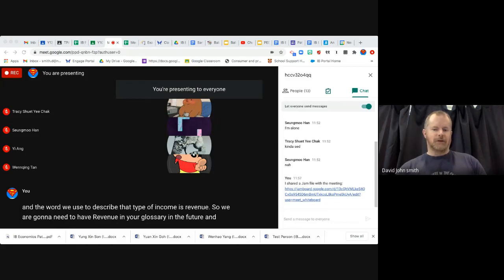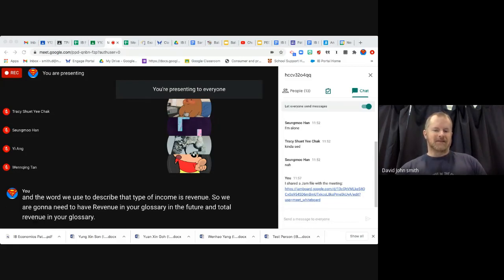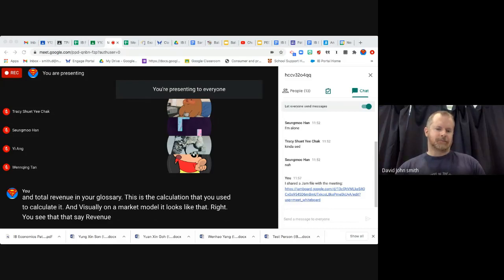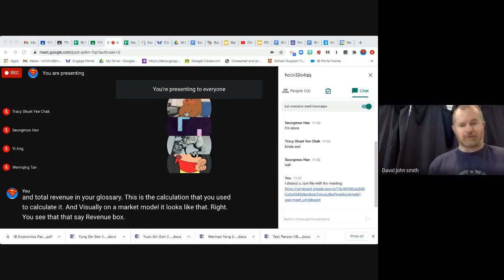This is the calculation that you use to calculate it, and visually on a market model, it looks like that. All right, you see that? That's a revenue box. It's a revenue box because it looks like a box.